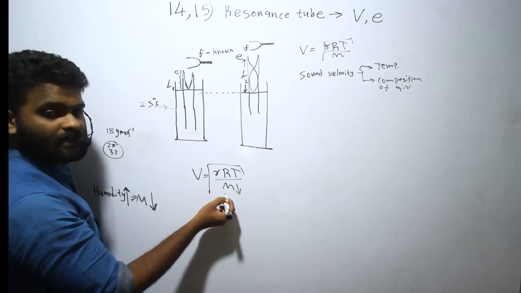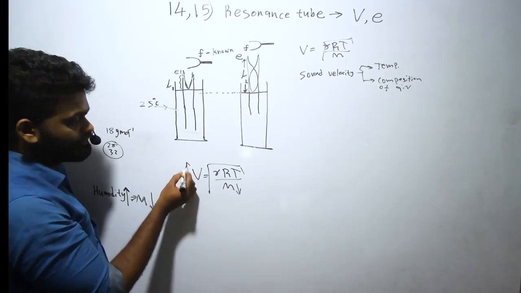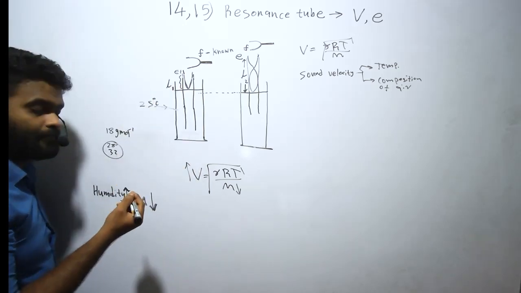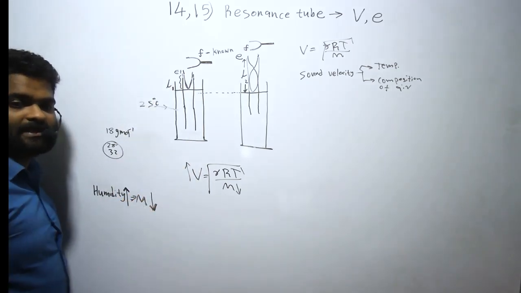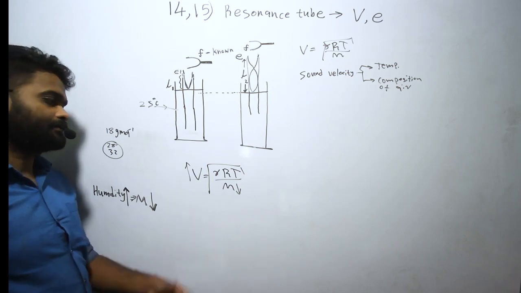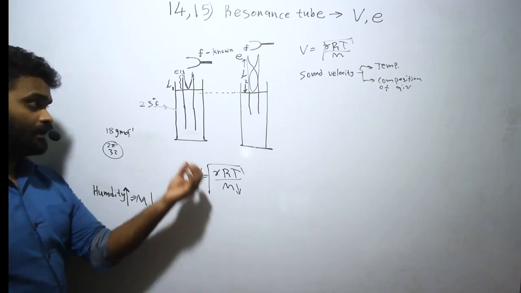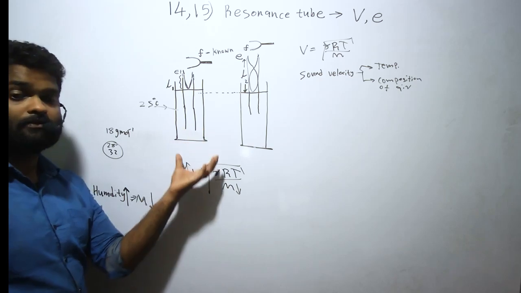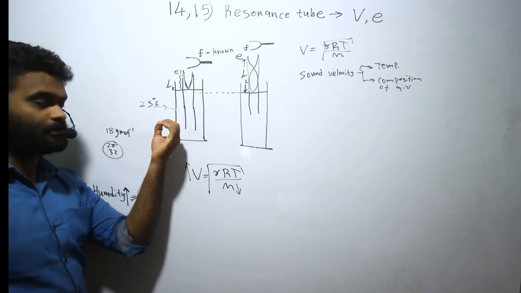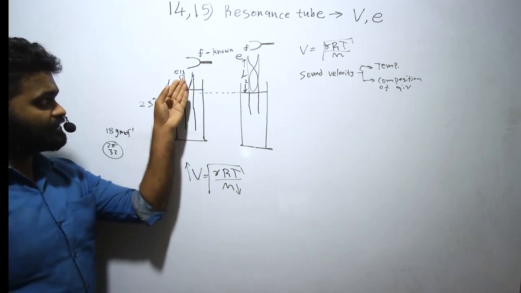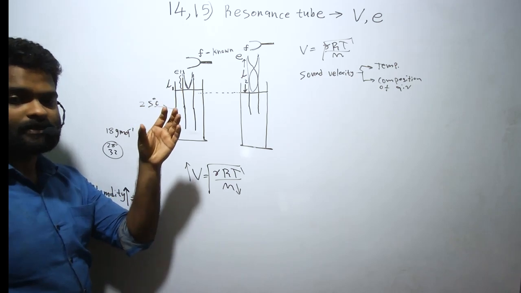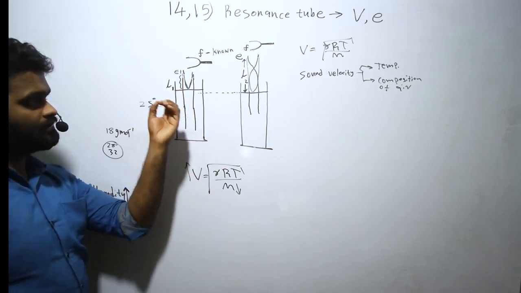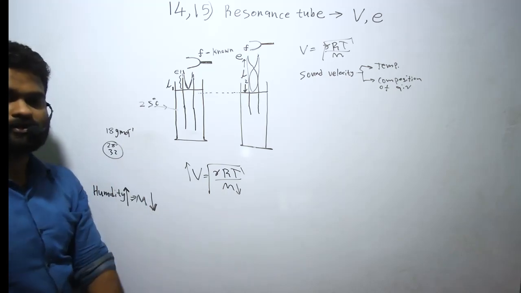This is at the denominator, so the velocity of sound is slightly higher inside. So it is an error in this experiment that we cannot prevent. If you use a liquid like alcohol, then that error would be more, because it is a volatile liquid, so it will totally change the composition of air there.